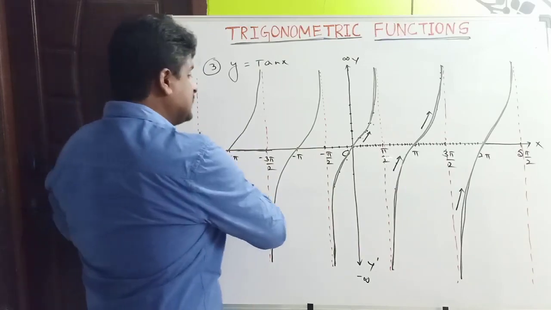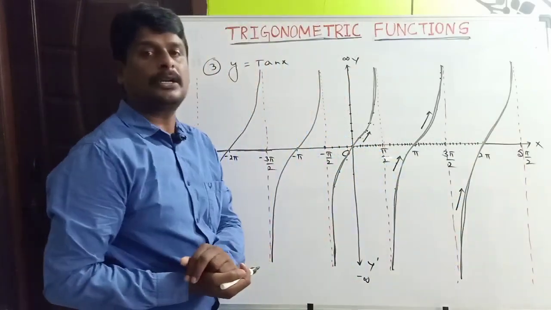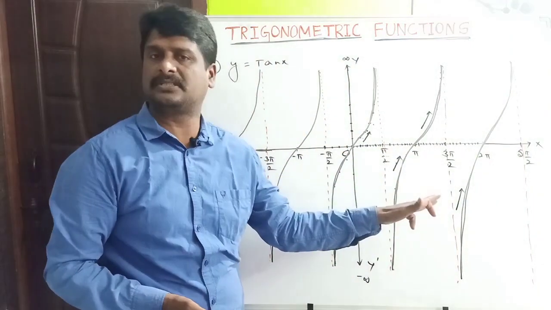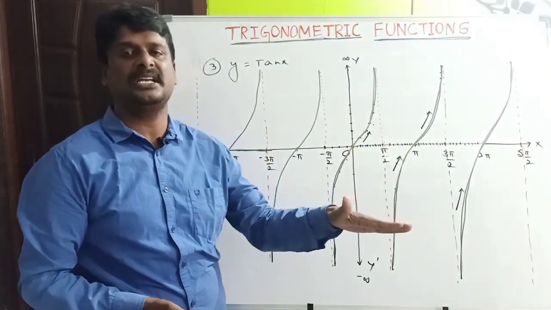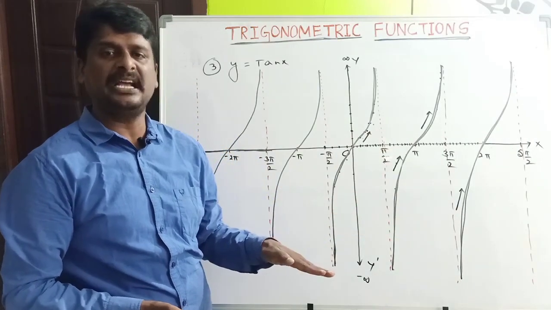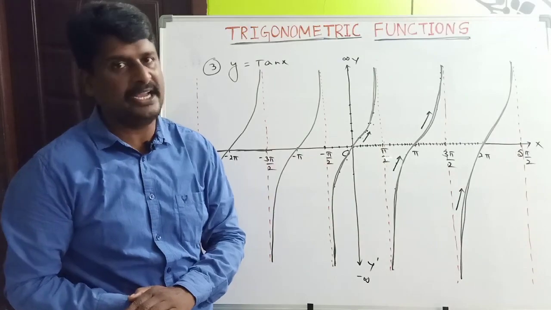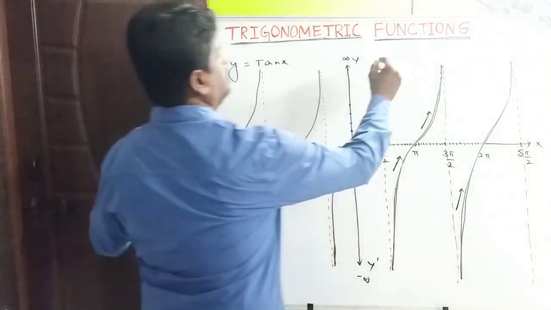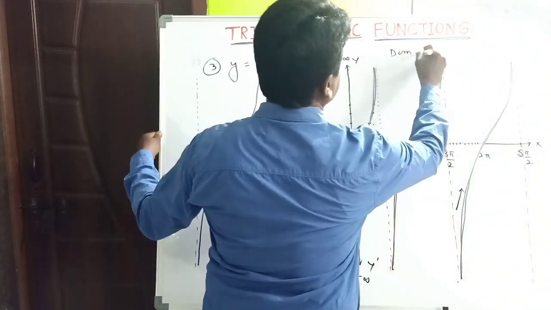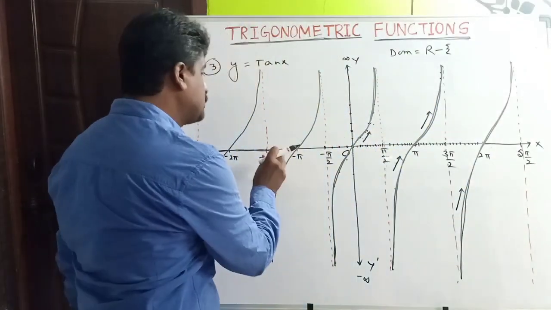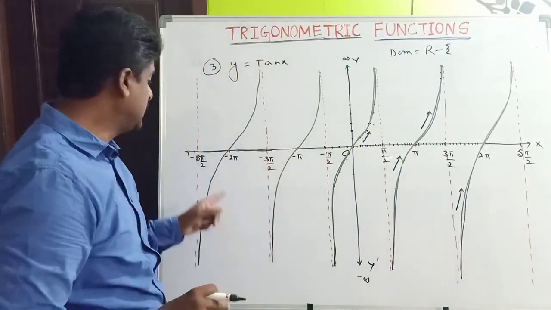That's why its domain is not the whole set of real numbers. The graph does not exist for some particular x values. That's why its domain is the set of real numbers minus these angles, which we have to subtract from the set of real numbers.